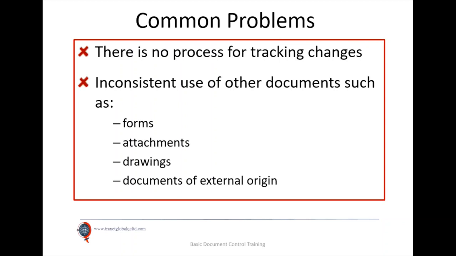Another one is inconsistent use of other documents such as forms, attachments, drawings, and documents of external origin. For every document, its use has to be consistent. Let me give you a typical example. Let's say you have a form to manage non-conformities of your external providers, that is your suppliers or vendors, and you have a different form to manage your own internal non-conformities.